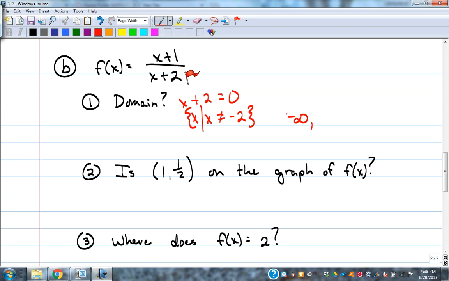Negative infinity up to -2, parentheses, not square bracket, because the -2 can't be used. We're skipping -2. Everything else is okay, but the -2 has to be hopped over.